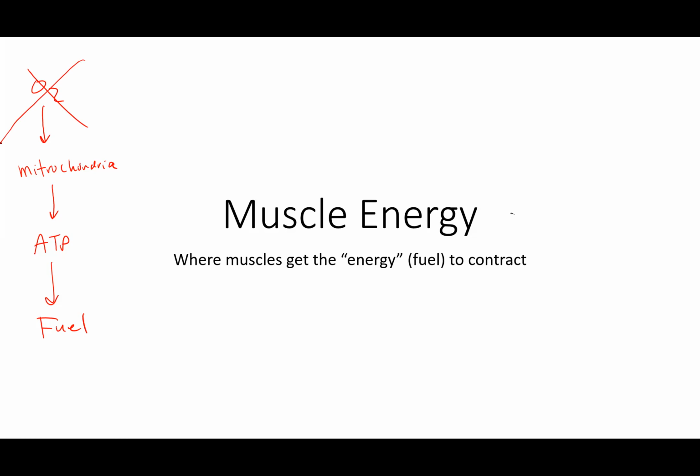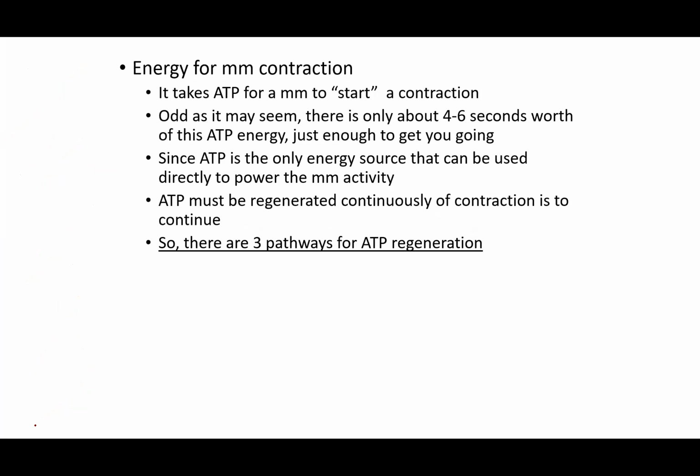And because of that, the mitochondria is no longer getting oxygen, which means it's no longer producing ATP, which means there's no fuel, which means the heart cells stop beating, they stop working. So ATP is very important for our body in order for it to work.